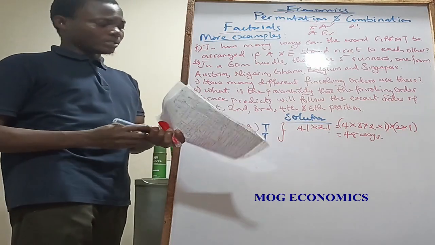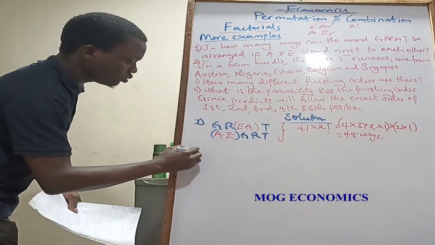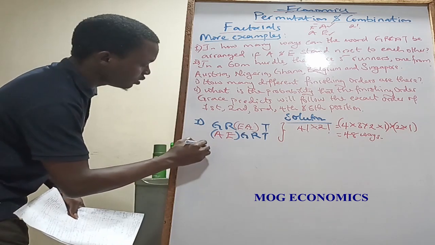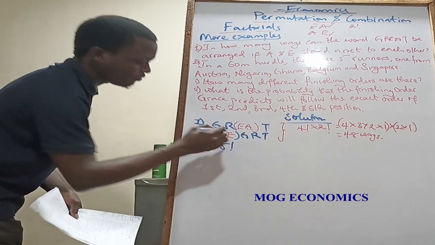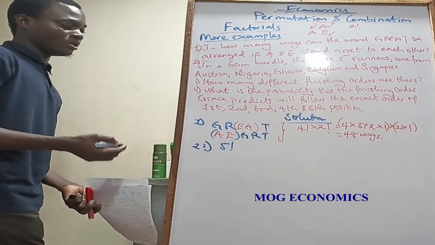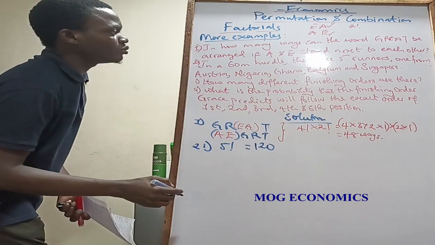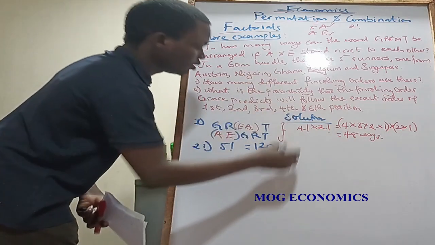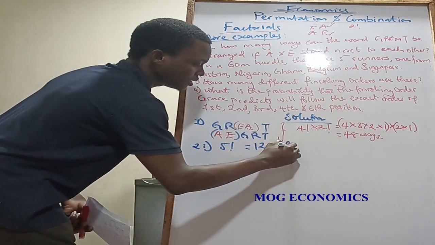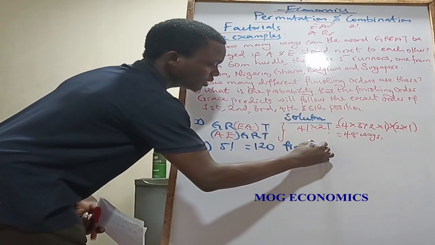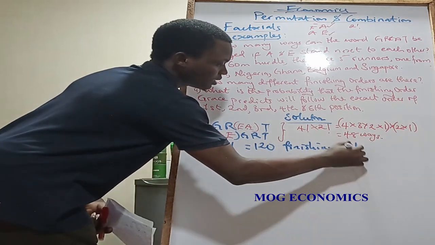So for number 2i, you'll have 5 factorial, which is equal to 120 different finishing orders, and that settles that.